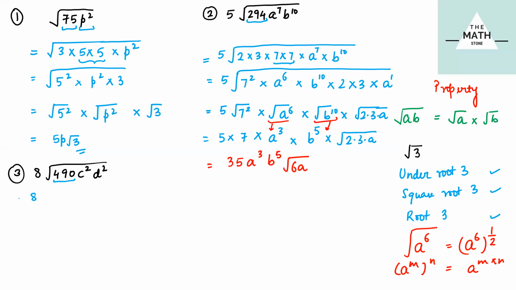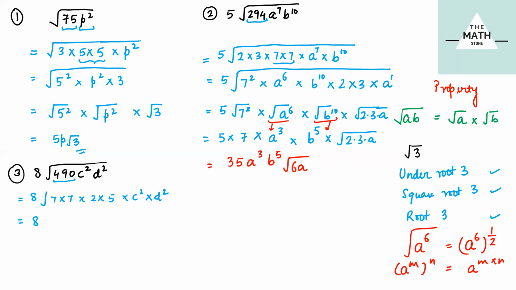So I'm going to write 8 inside the square root. Now 490 can be written as 49 times 10, and 49 can be broken down as 7 times 7. 10 can be broken down as 2 times 5, and then c square and d square.